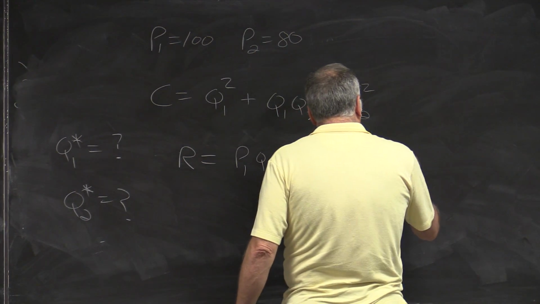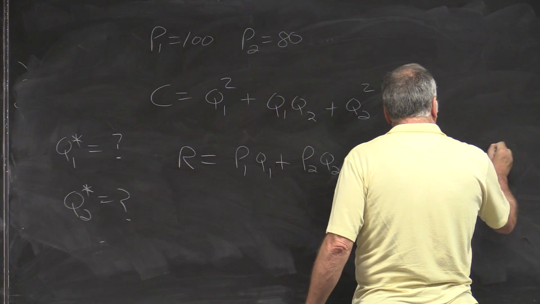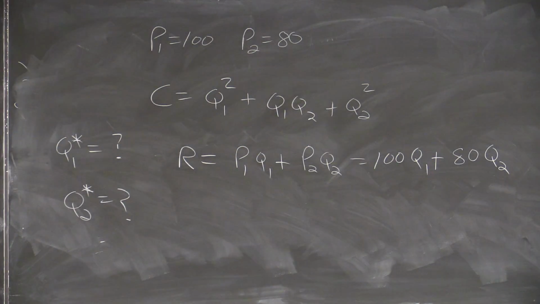So it's just 100 Q1 plus 80 Q2. Now we're assuming this firm can sell as much as they want in competitive markets: as much as they like of product 1 at $100 a piece, and as many units as they like of product 2 at $80 a piece. So the revenue function is very simple.